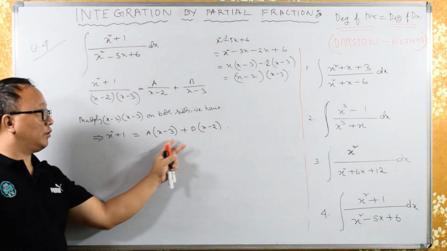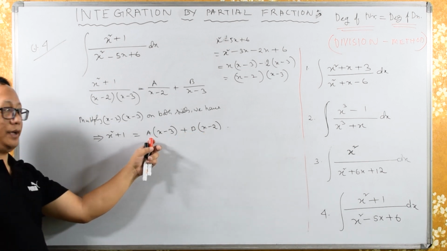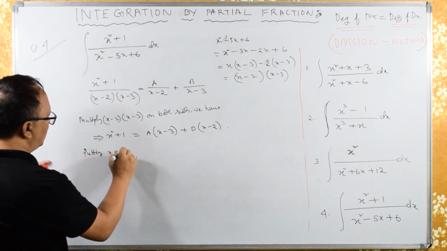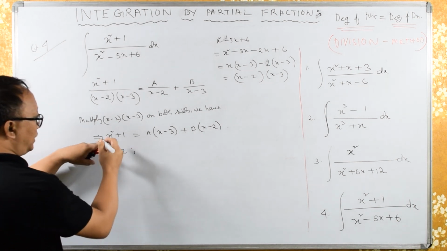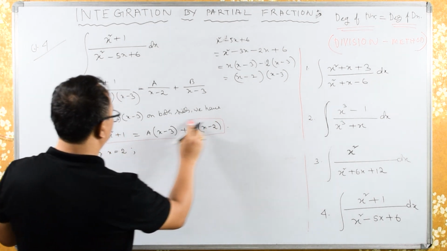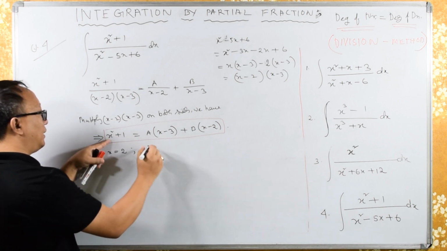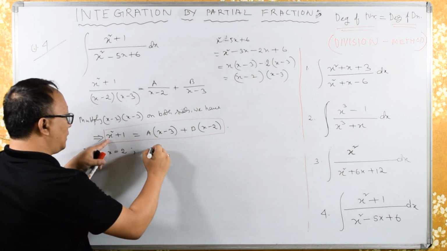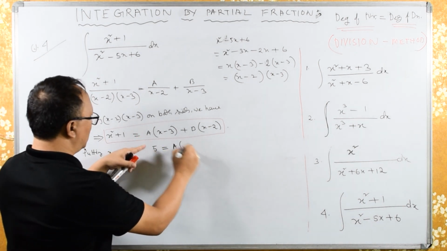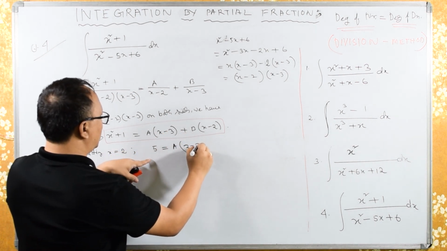Now if I substitute x equals 2, then b will get 0 and I will get the value of a. Okay, so putting x equals 2 in this equation, now here 2 square plus 1, 2 twos are 4, 4 plus 1, 5. a into 2 minus 3.